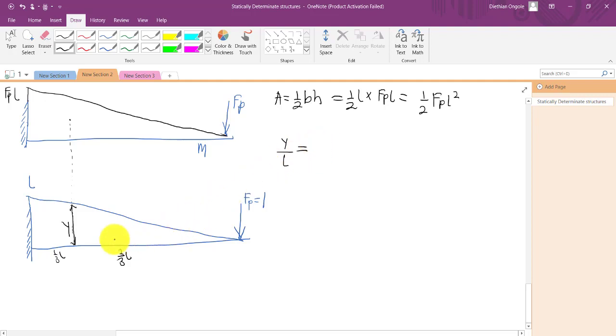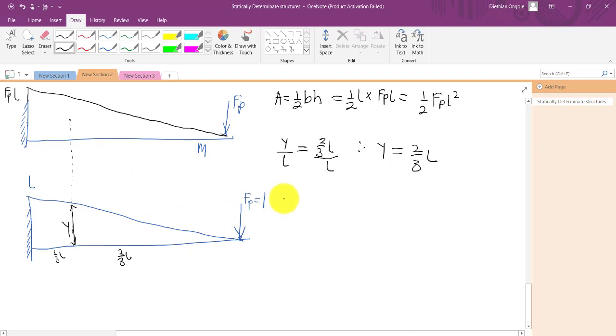If I consider this small triangle which has the Y, this would be divided by 2/3 L, then divided by the length of the entire bending moment diagram, that would be L. So we derive that Y is equal to 2/3 L.